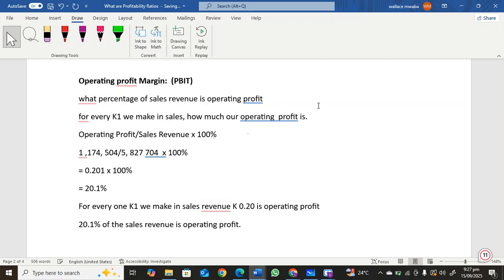This is the profit you get before you pay off your interest costs and your taxes. Then we have our net profit margin. This is the profit after interest and taxes have been paid.